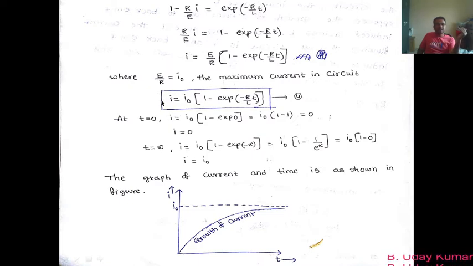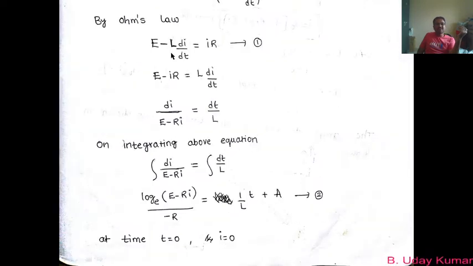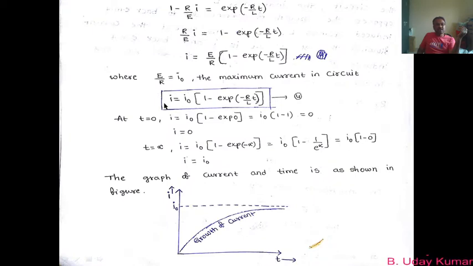And if I draw the graph of this current with respect to time, we get this curve. This is the mathematical equation that we got when we derived E minus L di by dt equal to I times capital R, and if we draw it as a graph, this is how the current grows with respect to time.